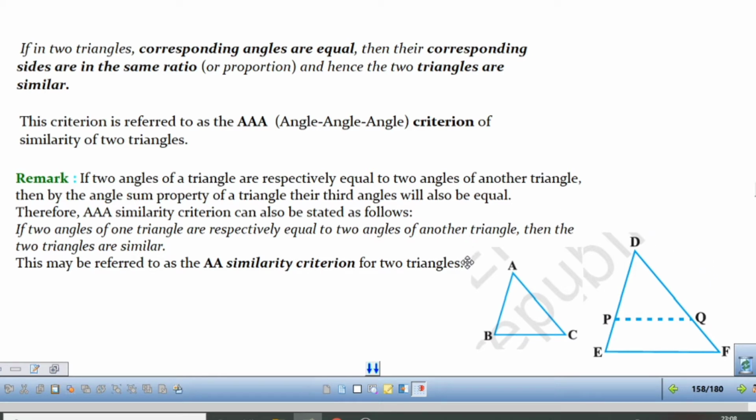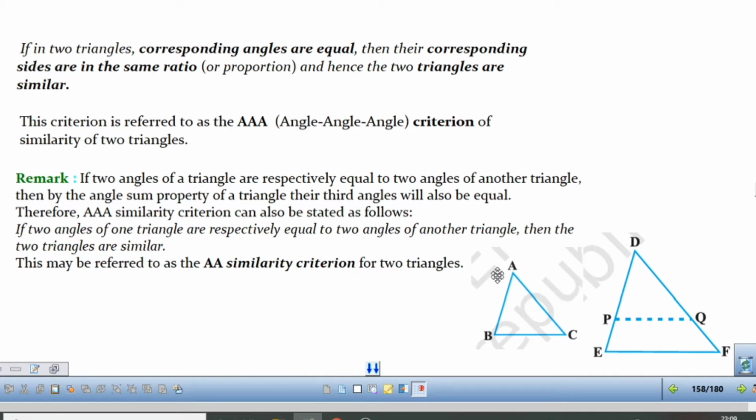Here we have two triangles, triangle ABC and triangle DEF. According to this theorem, if angle A is equal to angle D, angle B is equal to angle E, and angle C is equal to angle F, that means if all the three angles of triangle ABC are equal to all the corresponding angles of triangle DEF, then these two triangles must be similar.